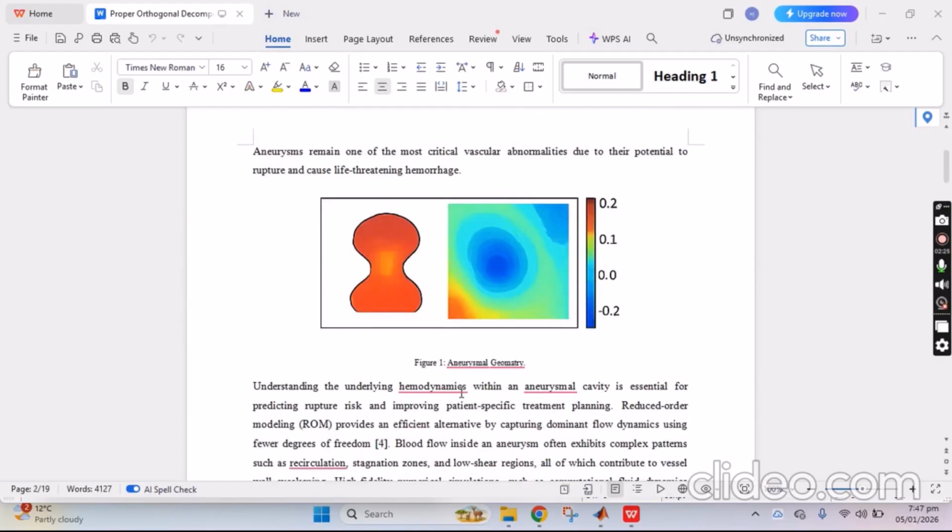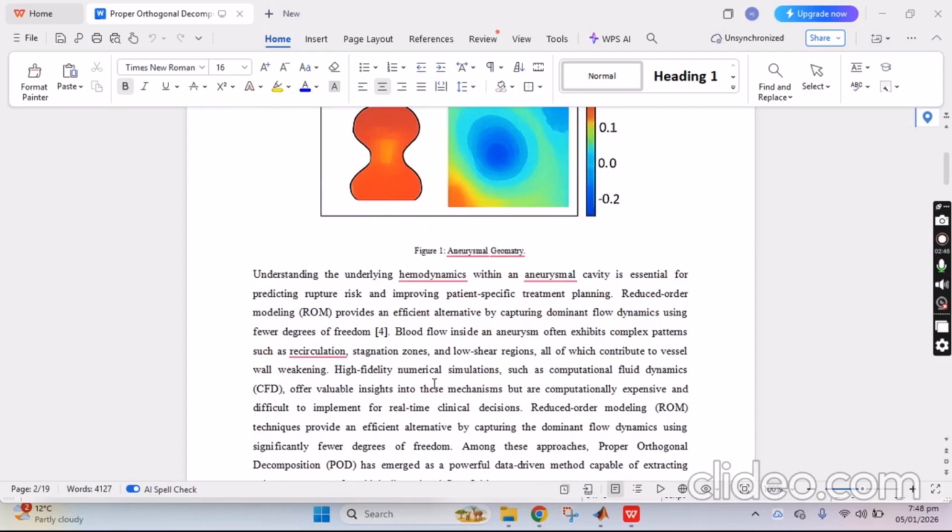In the introduction I have written how the aneurysmal geometry works and how it displays its output shape in terms of potential to rupture and cause life-threatening hemorrhage.